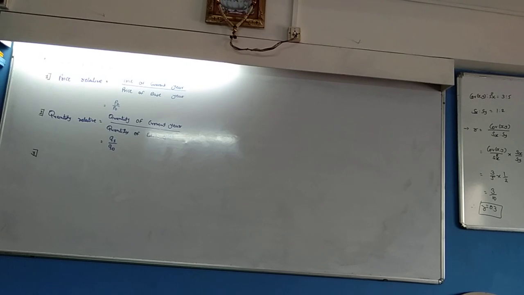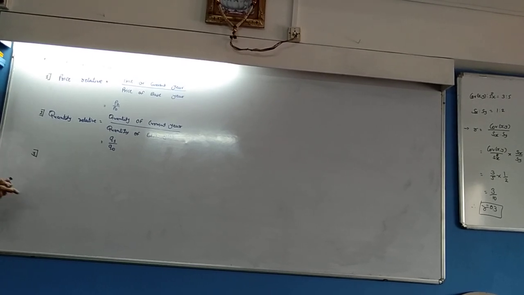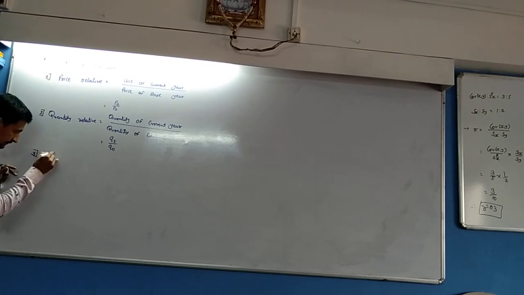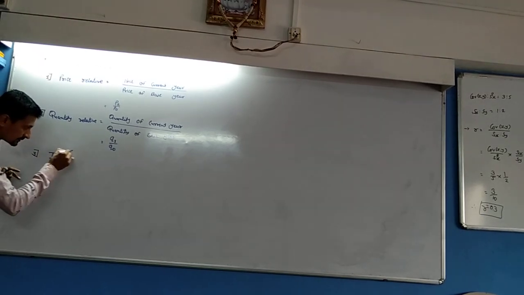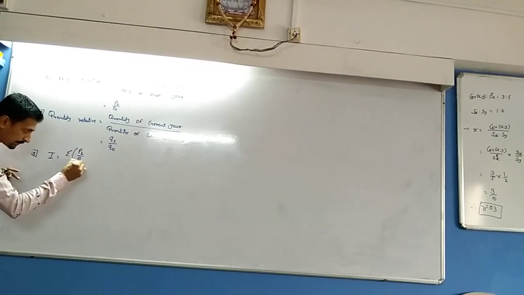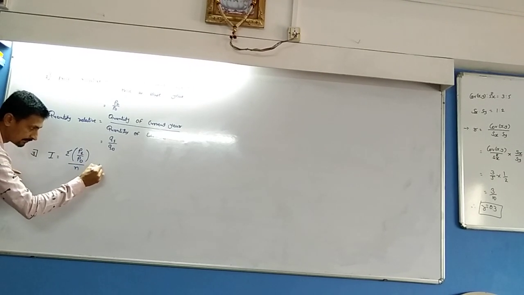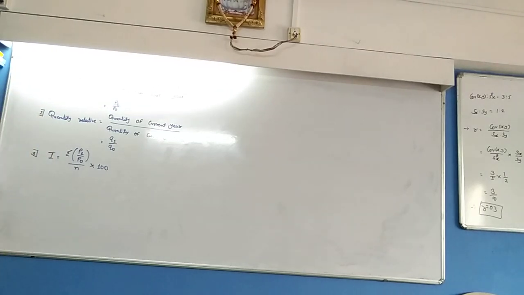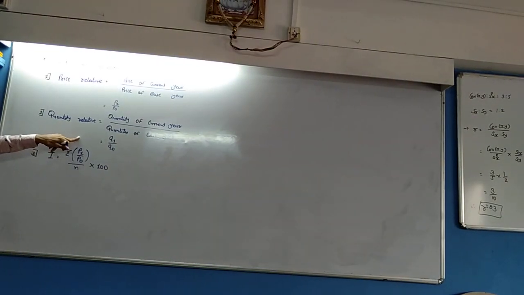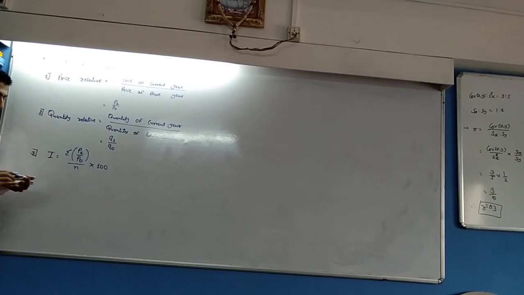Any number means here the items are more than 2 and above. Okay, so write down the formula: Index number I is equal to sigma in bracket P1 by P0 divided by number of items, multiplied by 100. P1 is the price of the current year, P0 the price of the base year, N means number of items.